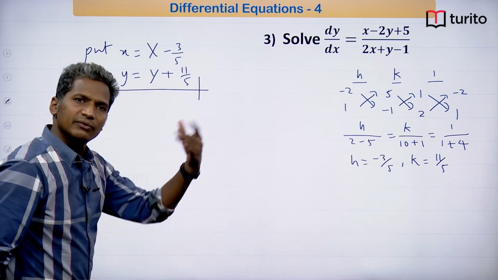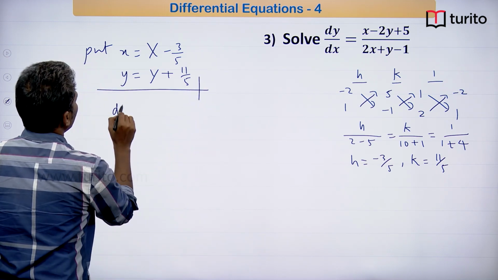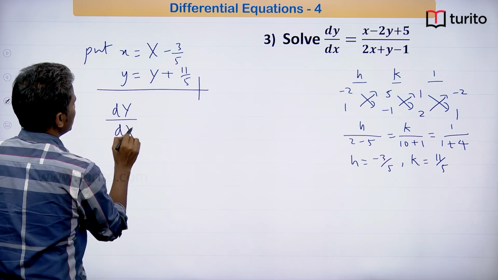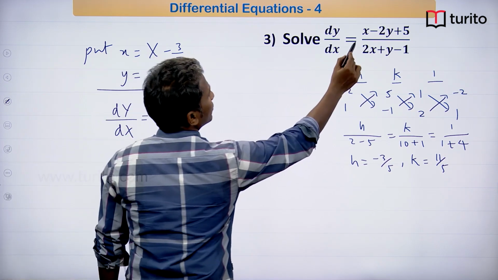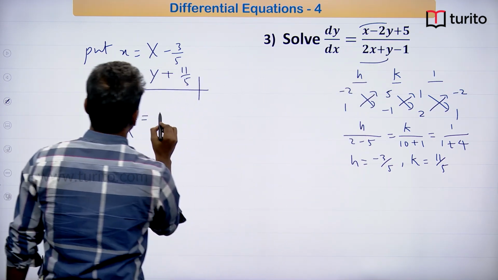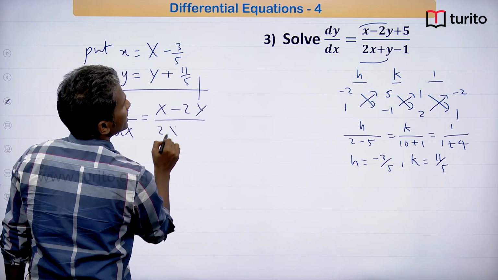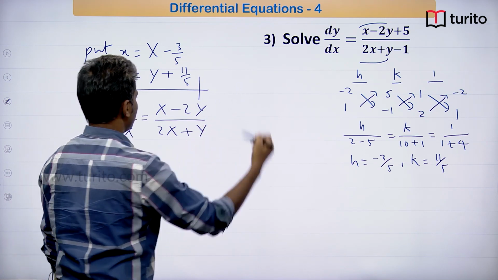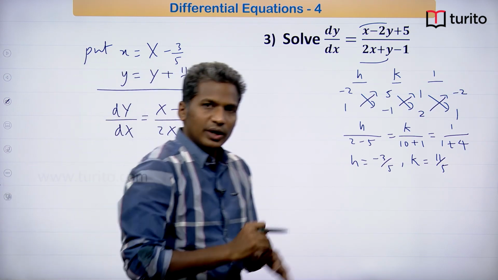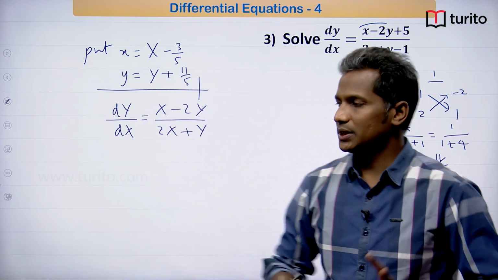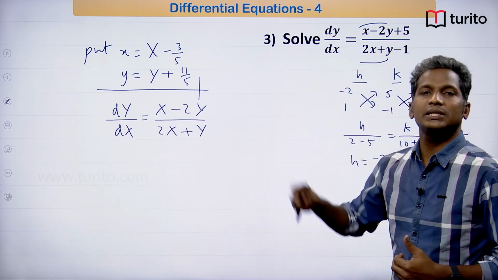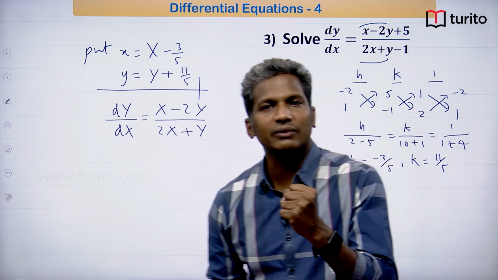Then our differential equation will directly get automatically converted into this form. So take only these two terms, so x minus 2y by 2x plus y. So if you have understood the whole process, you can speed up the process and attack only the required terms.